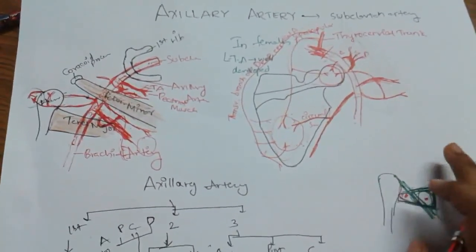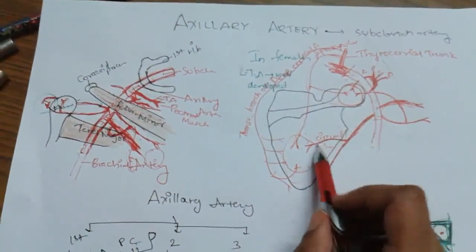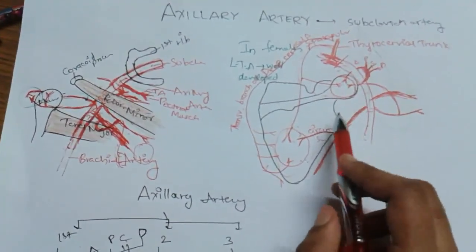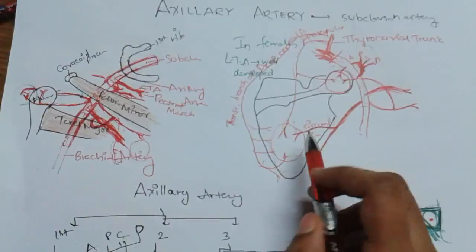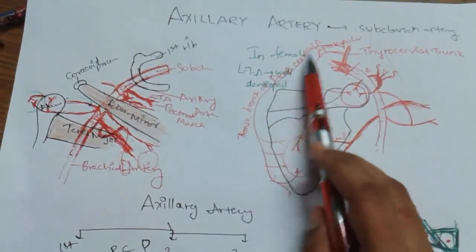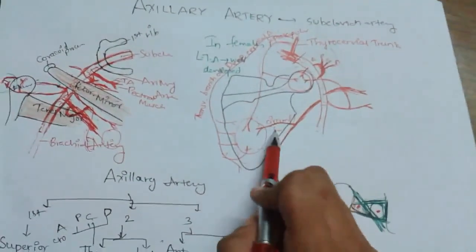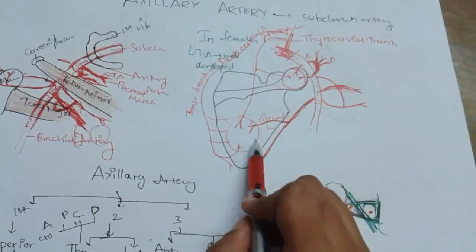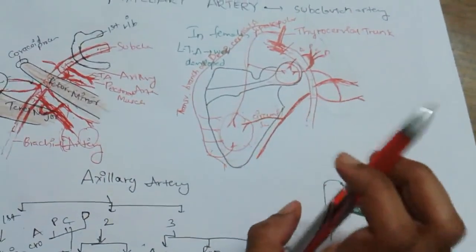For example, if there is a block in the circumflex scapular artery, for this part of the scapula, there is no stoppage of blood supply. Blood is supplied through the suprascapular artery or the transverse branch of deep cervical artery. So this anastomosis is mainly needed in order to allow blood flow to an organ even if a blood vessel is blocked.